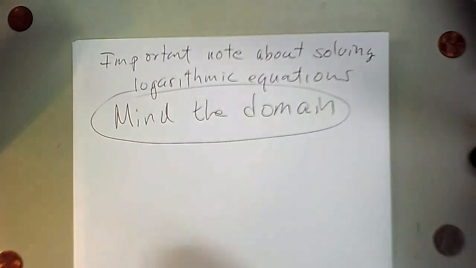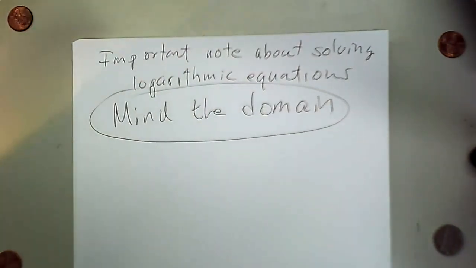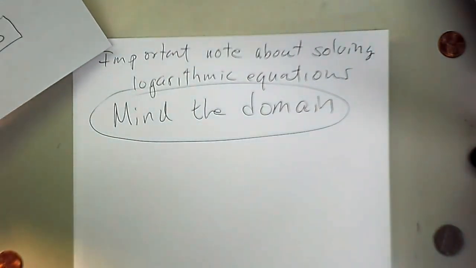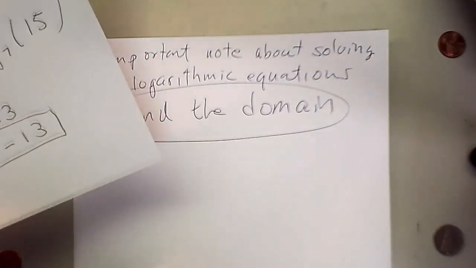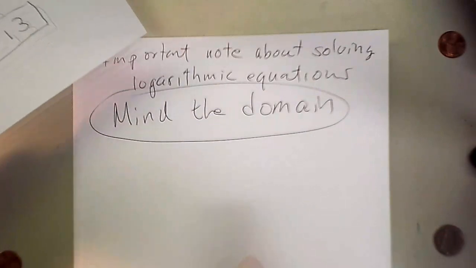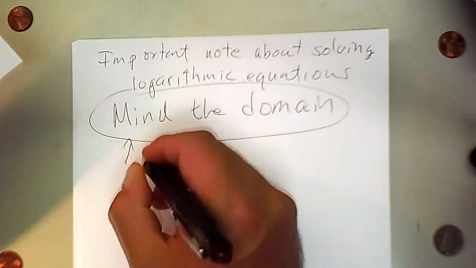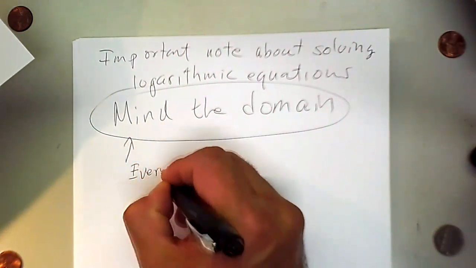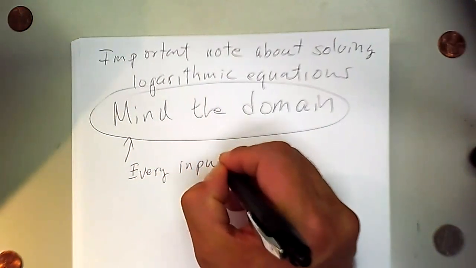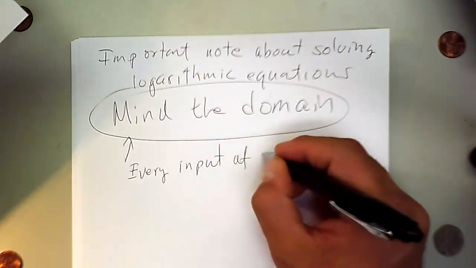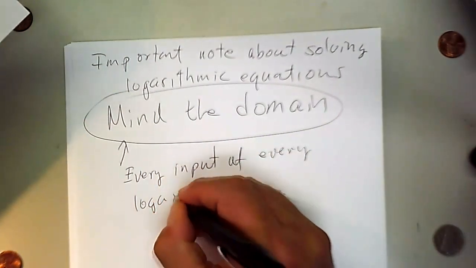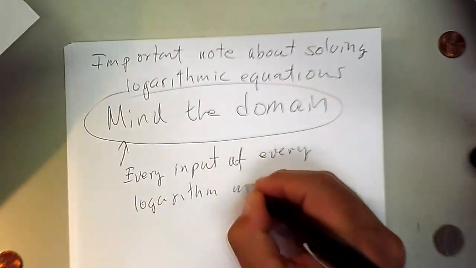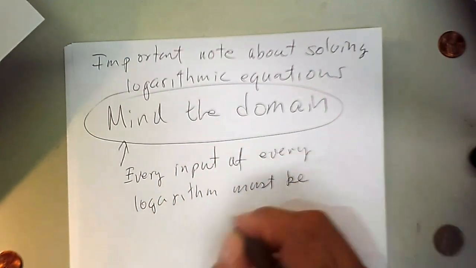Mind the domain of the logarithm that shows in the equation. The input has to be positive. Every input of every logarithm must be positive.